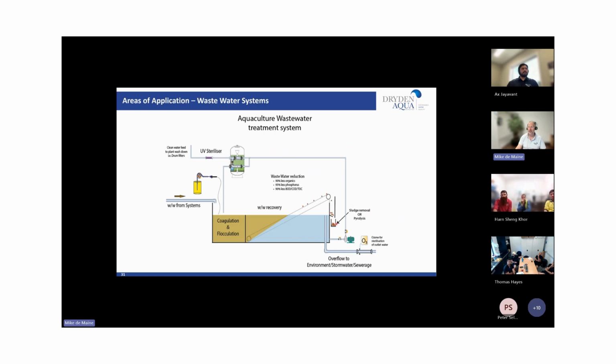And then in many of these systems we're seeing an increase in pyrolysis. In other words, the sludge that's being removed out of these belt filters goes to a pyrolysis process, creating biochar, which can then actually be a sales product for the farm, because you can sell it as a high efficiency organic fertilizer, right? It's a slow release organic fertilizer that can be used by farms.